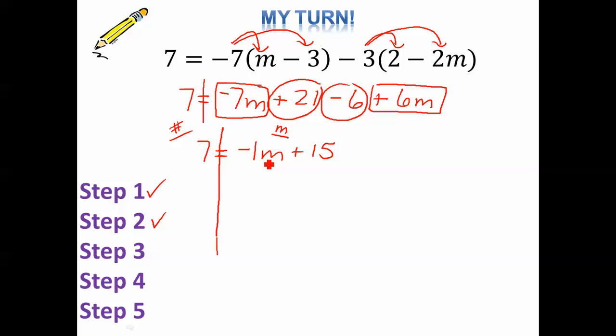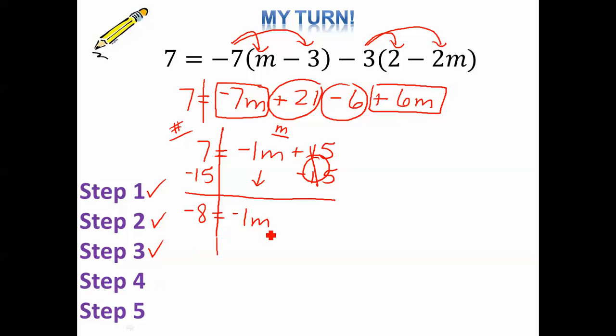So the negative 1m can stay, but the 15 has no m, so it has to go. To undo plus 15, we subtract 15. 7 minus 15 is negative 8 equals, bring down the negative 1m, plus 15 minus 15, those cancel. So step 3 is done.